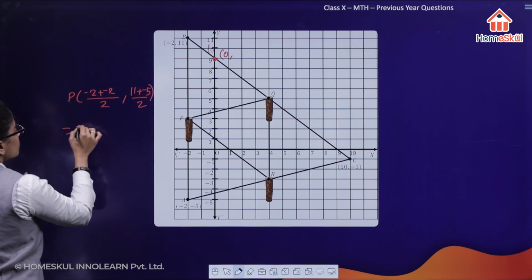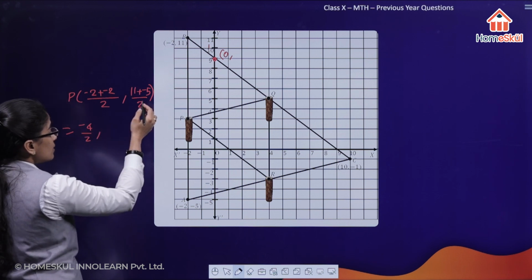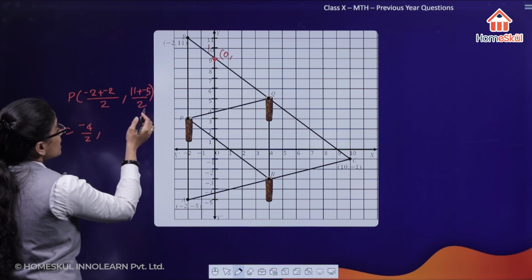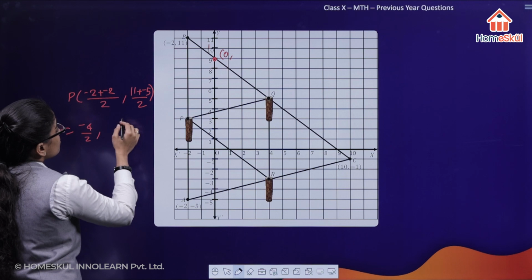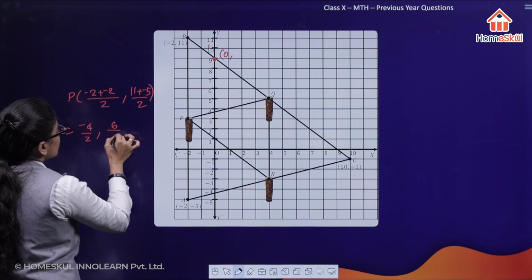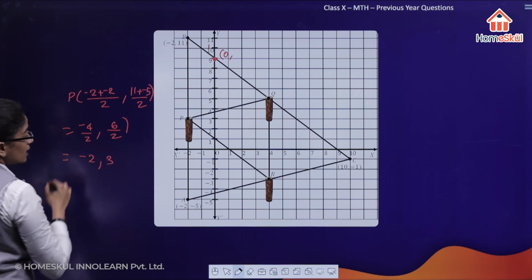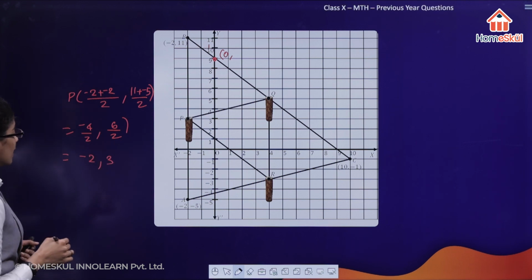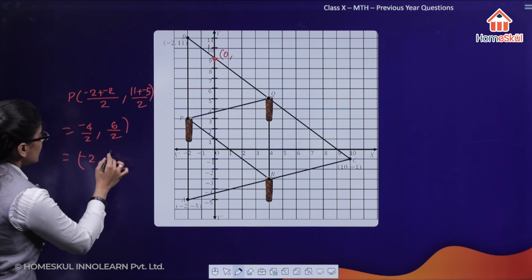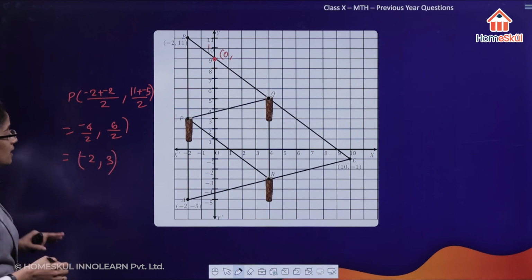That is -4/2, and here 11 - 5 will be 6/2, isn't it? That means we will be getting -2 and 3. So, the coordinates of P are (-2, 3).